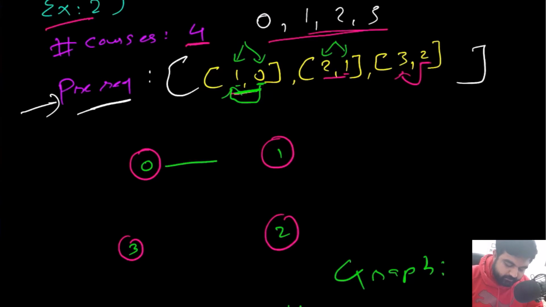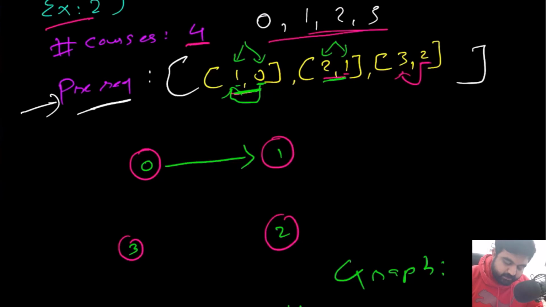So we can have an edge between 0 and 1, where 0 is a prerequisite and 1 is the node that needs the prerequisite of 0. So notice in this case, I'm only drawing a one directional edge. Why? Because for 1, 0 is a prerequisite. So that's why there is an edge from 0 to 1. But for 0, there is no edge coming back from 1, because so far we haven't found that there is a prerequisite in this case. So because it is not the case, we are simply going to keep progressing.